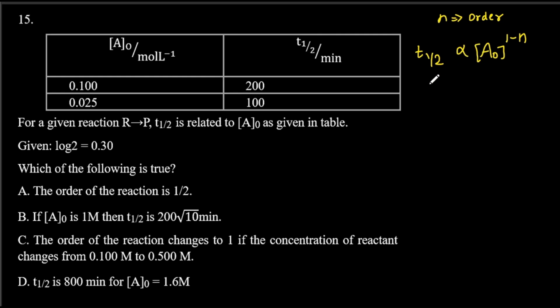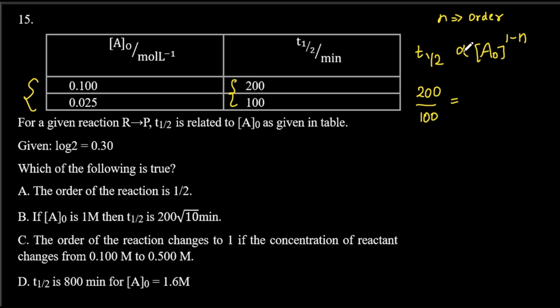So to remove the proportionality, we have to introduce the constant. But here we already have two values of A naught and the T half, so we can substitute that. First let us take the T half 200 value divided by 100.